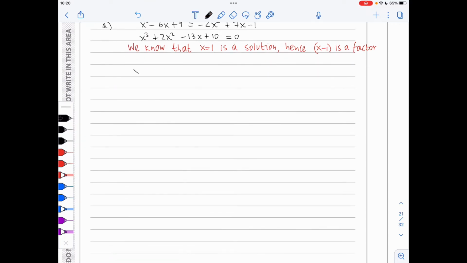So I've got x cubed plus 2x squared minus 13x plus 10 to be divided by x minus 1. Remember, with long division, I'm always trying to kill off the highest order term. So I will multiply this by x squared to give me x cubed minus x squared.